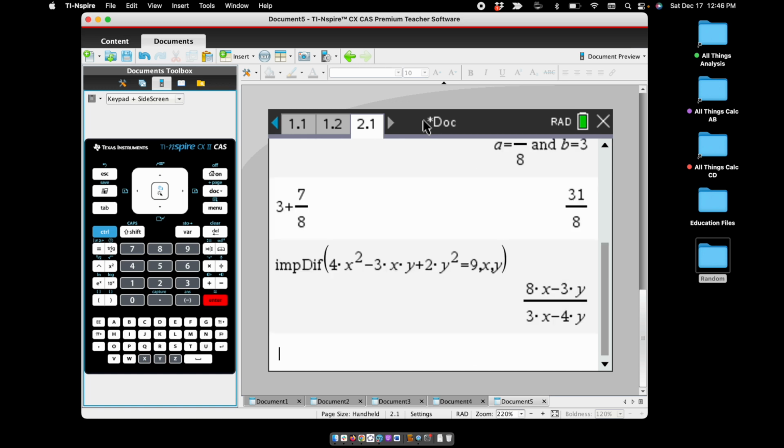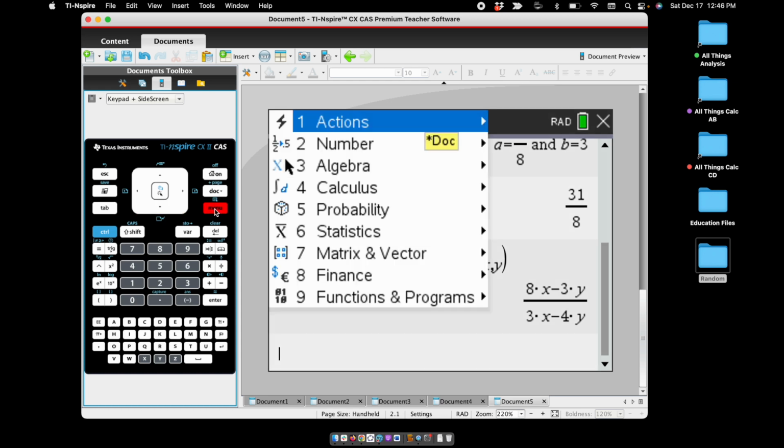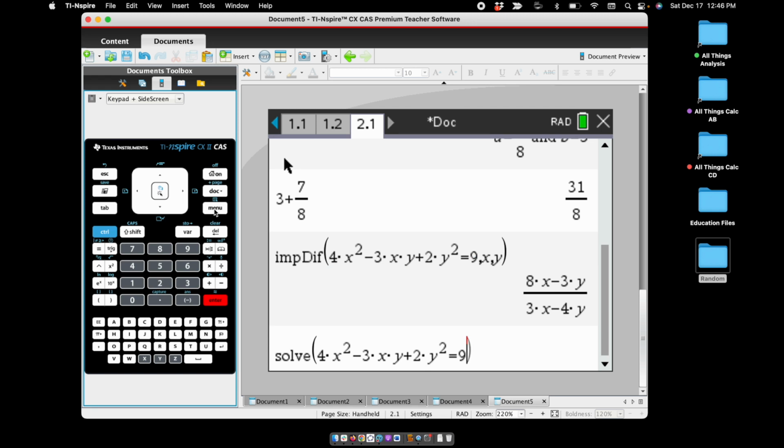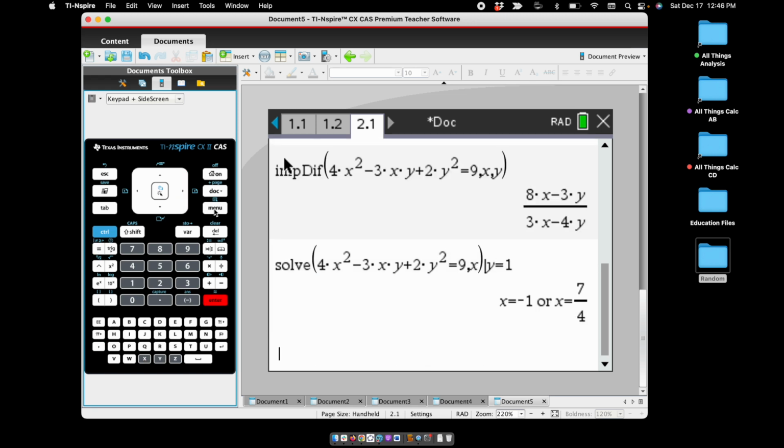Okay. Now let's solve this for x when y is equal to 1. Yeah, it gives the values.